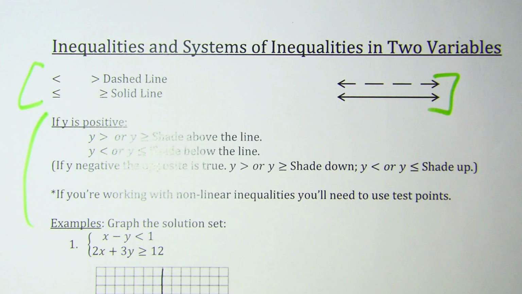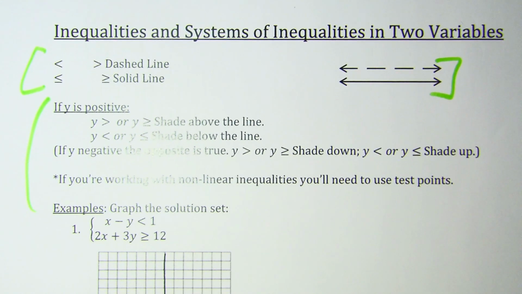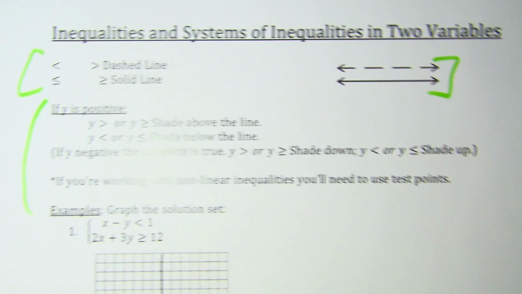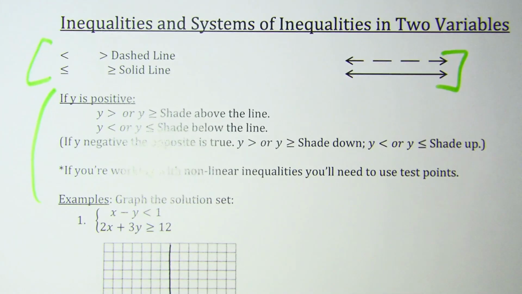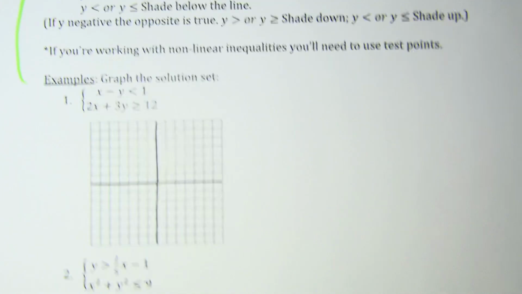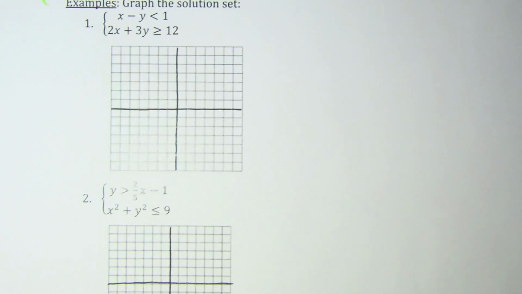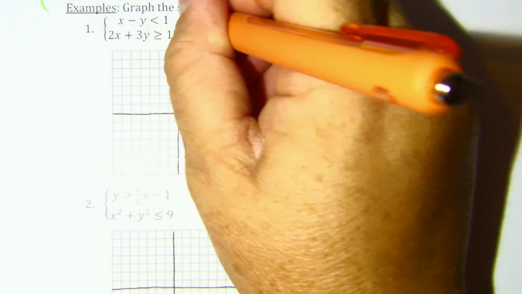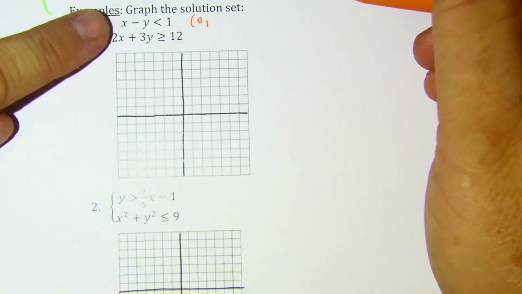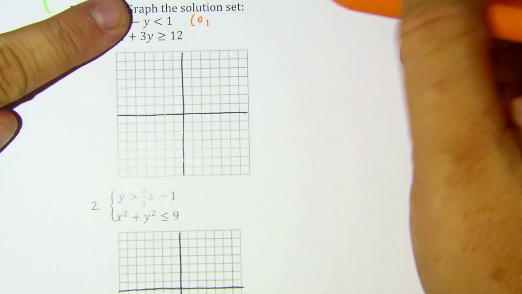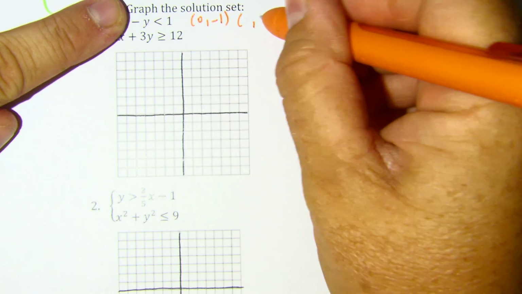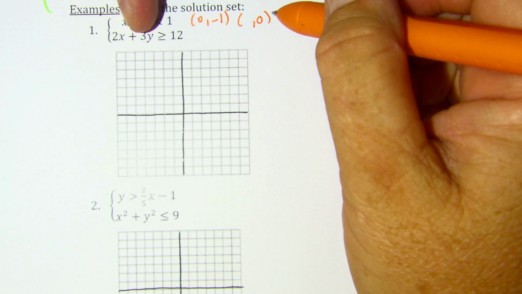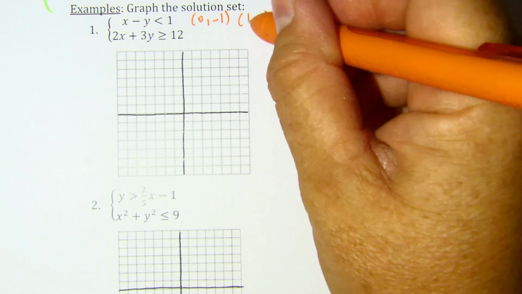All right, so this first example here, we have x minus y is less than 1. You could solve for y and use slope-intercept form to graph these, or what you could do is use the intercepts. So you could plug in 0 for x, solving for y, y equals -1. If I plug in 0 for y, that term goes away, and x equals +1.